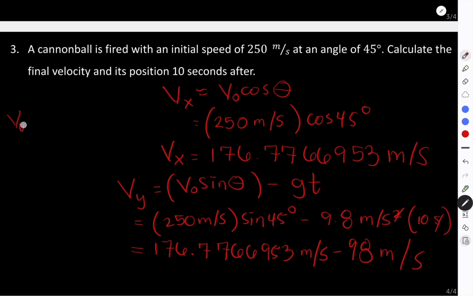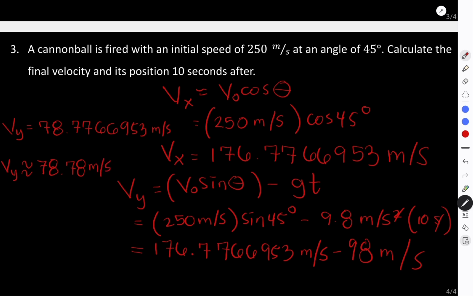So the final velocity in the y component is 78.7766953 meter per second, and that is approximately 78.78 meter per second.